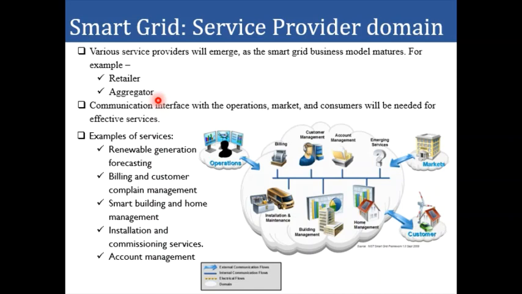At the same time, the aggregator will also have some offers or technical support for you. Say if you have solar PV installed, you want frequent maintenance of the solar PV system, or if there is a communication failure, those kinds of technical support will also be provided by these aggregators.